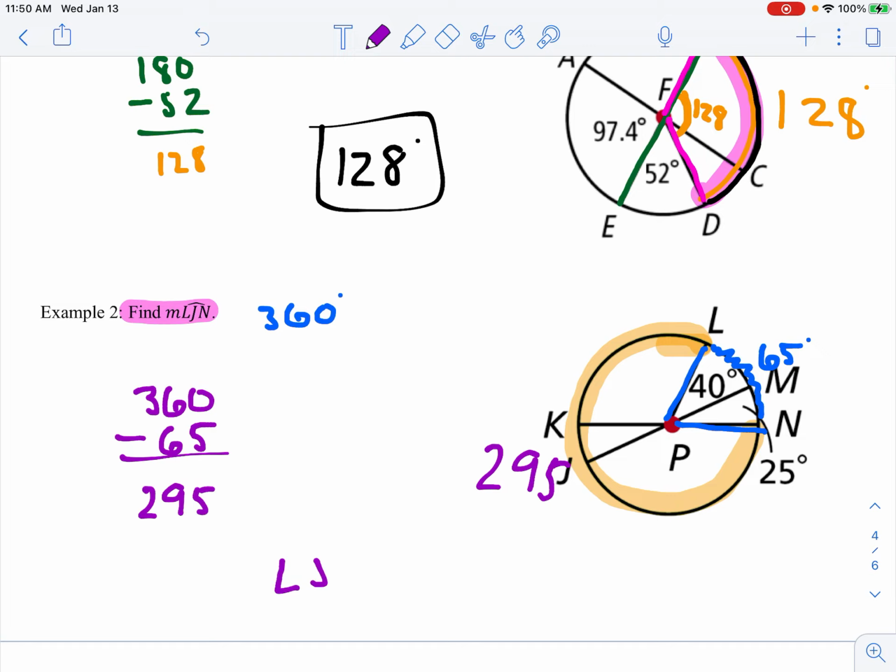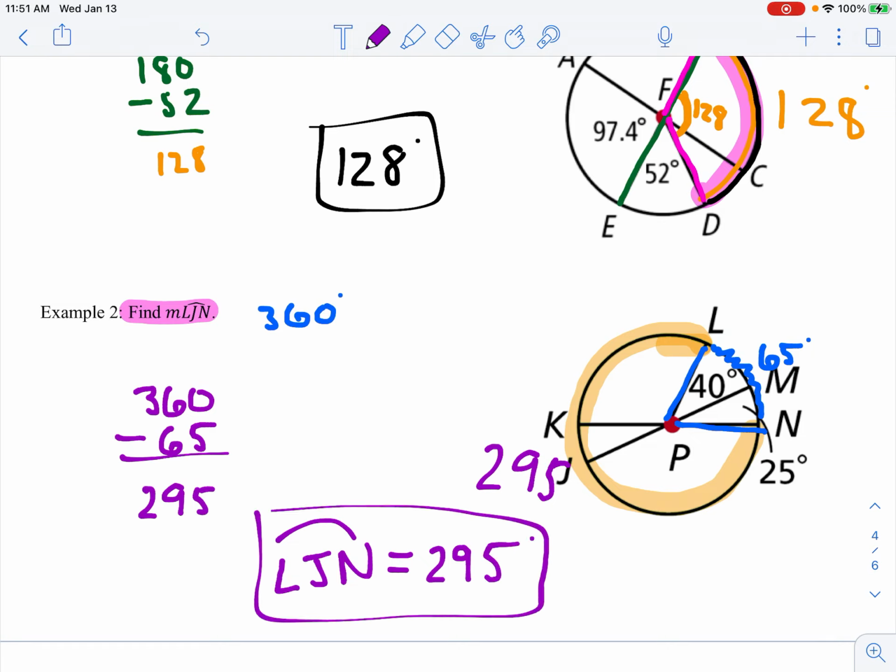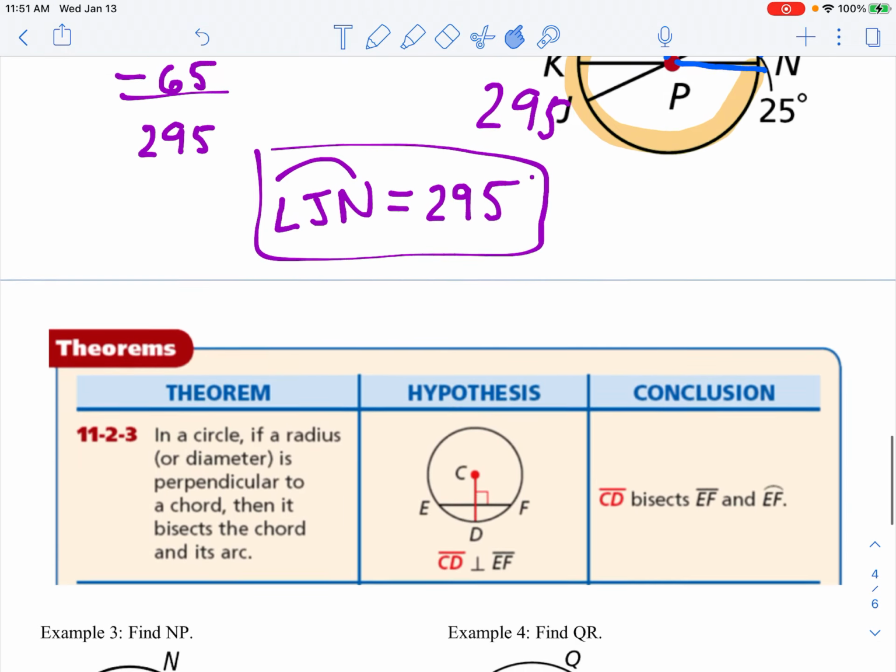So the arc LJN is a major arc, which makes sense, it should be bigger than 180, a total of 295 degrees. So we're going to use missing pieces, again, half a circle, and try to find the missing part.